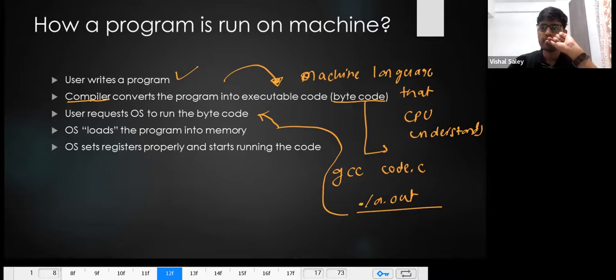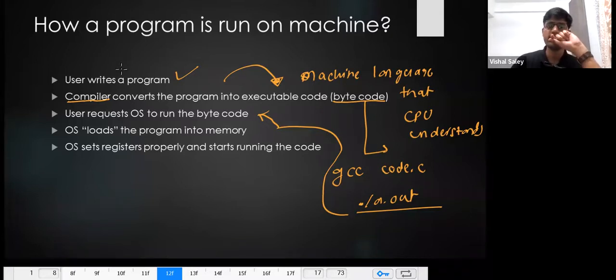There was a question: I write a program means it is in main memory, and then the OS loads the program into memory? No, writing a program is a very different stage. You can write it on paper also, and then store it on your hard drive. We don't care how it is written; you might use some editor or whatnot. We just hope that it is written and stored on the hard drive.